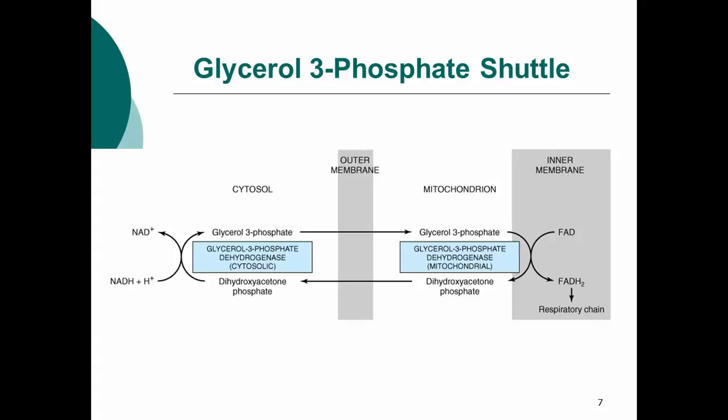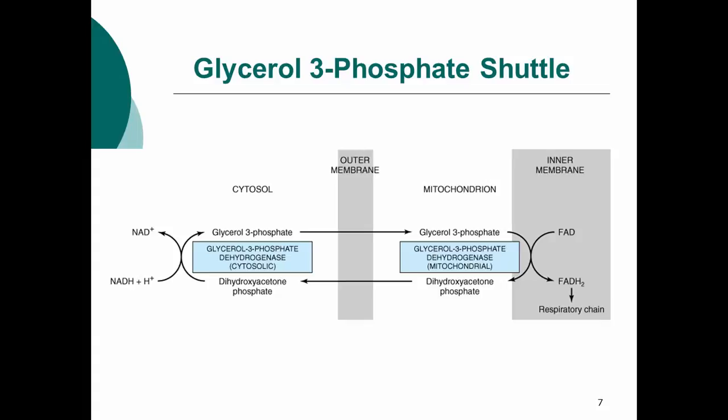Does that make sense? Because this FADH2 is the actual reducing equivalent that directly enters the electron transport chain for ATP production, right? Does that make sense? Any questions?